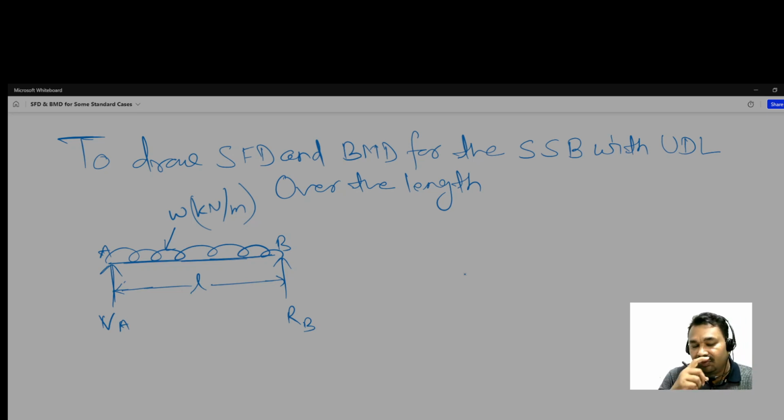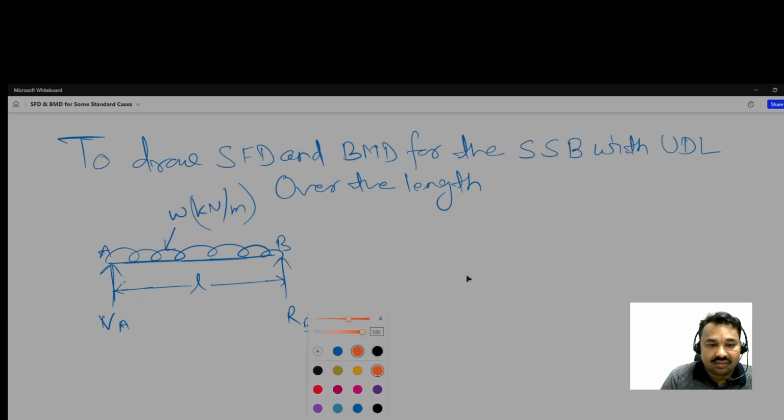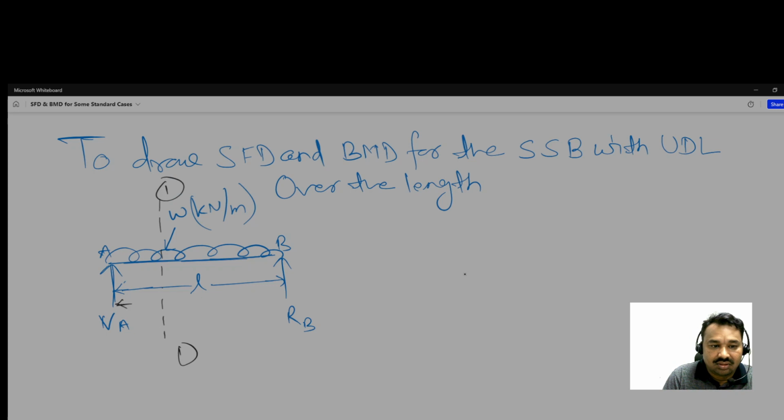Okay, so next what we have to do, we have to cut the section, like section we are taking somewhere here, and the section name is 1-1 from A, at x distance.